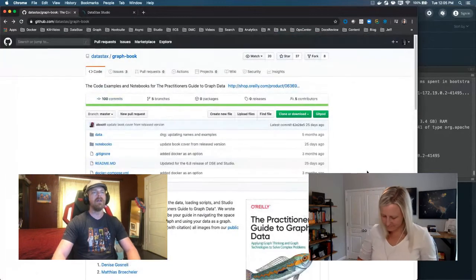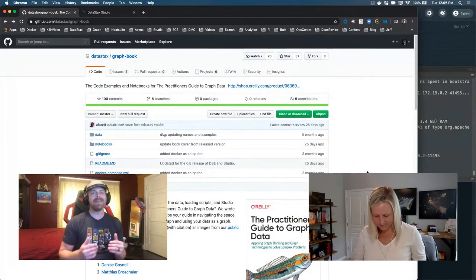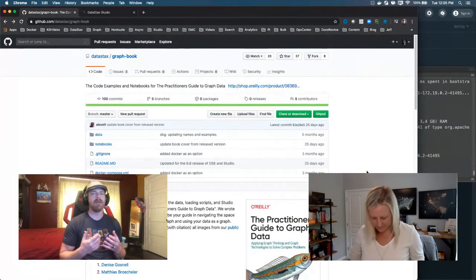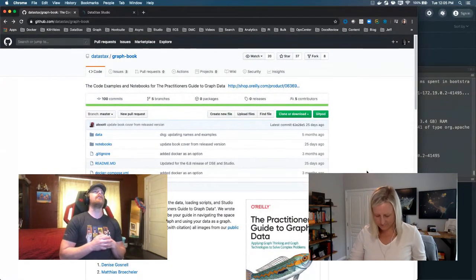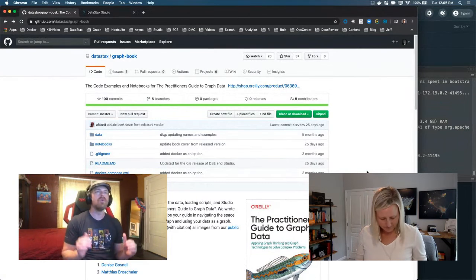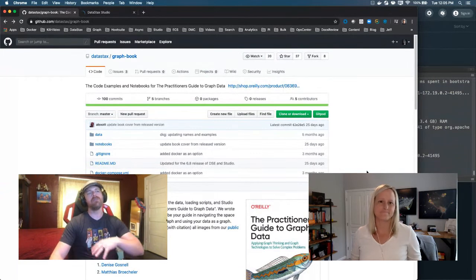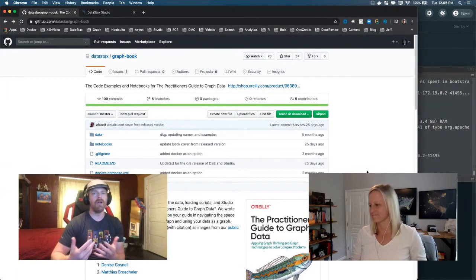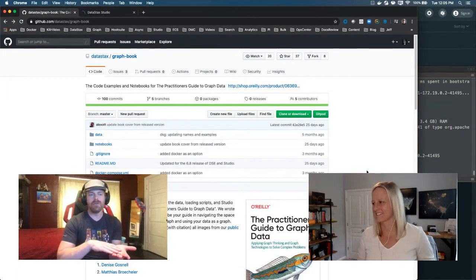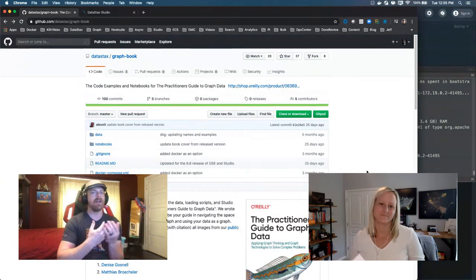If you haven't taken a look at this and you are into graph databases, or you're just learning, like, how do I apply my use cases? How do I do graph? This is probably one of the best ways to start on that journey. It breaks down regularly used use cases and shows you how to do them. That's what we're going to do.